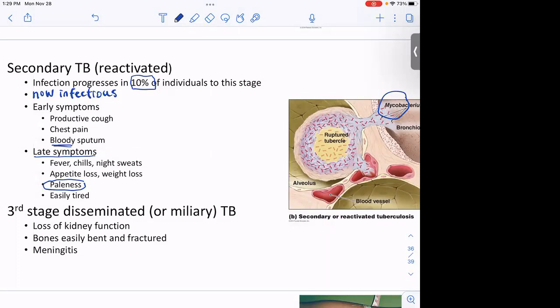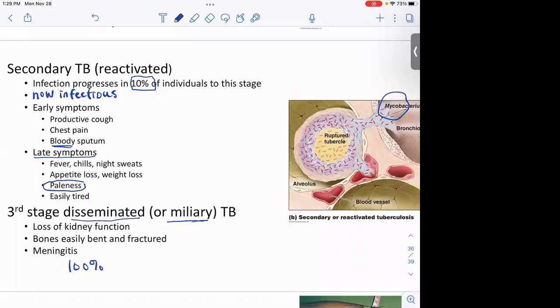And then once the infection leaves the lungs, we consider it third stage tuberculosis, disseminated, or sometimes you hear this term miliary TB. When it gets to this point, it's going to be 100% fatal without treatment, and maybe like 30–40% fatal even with treatment.